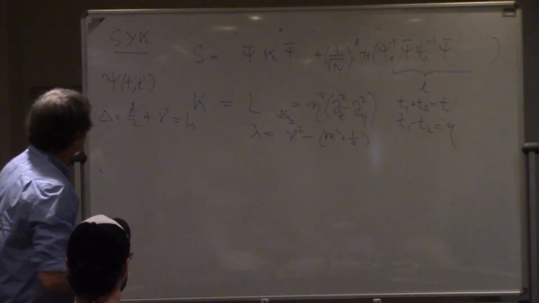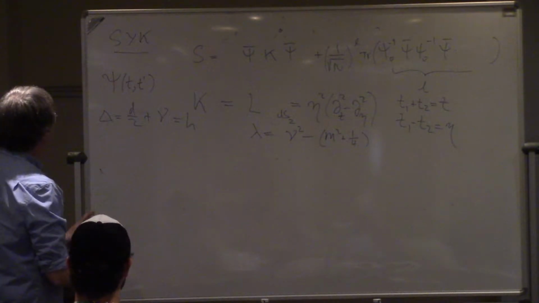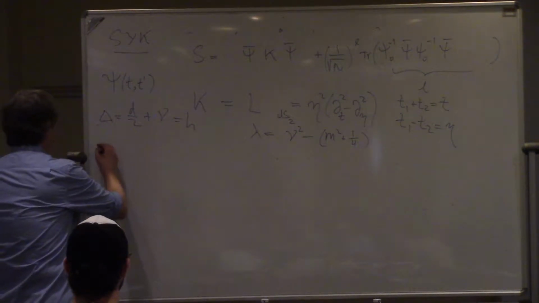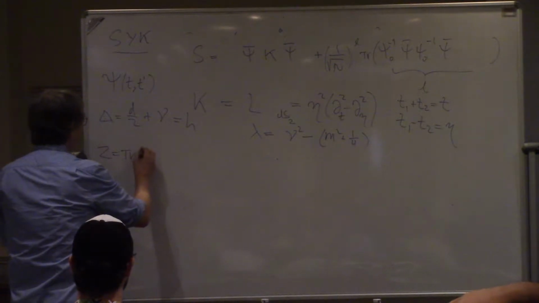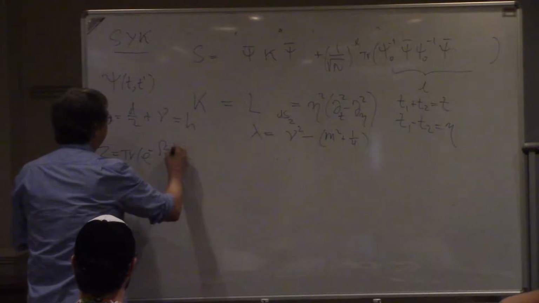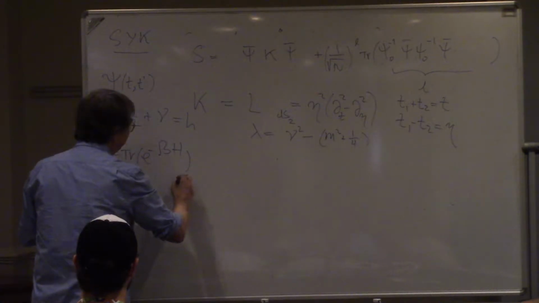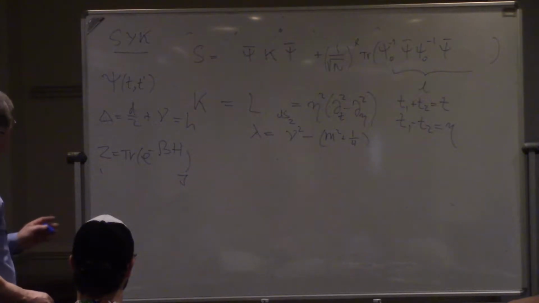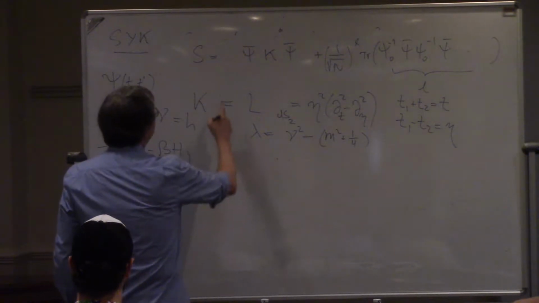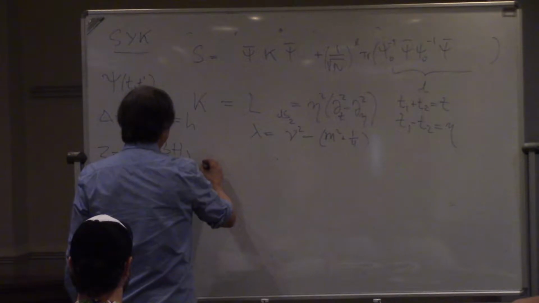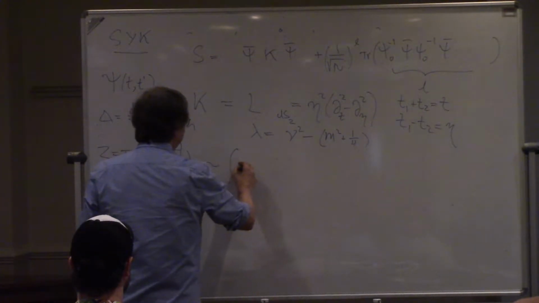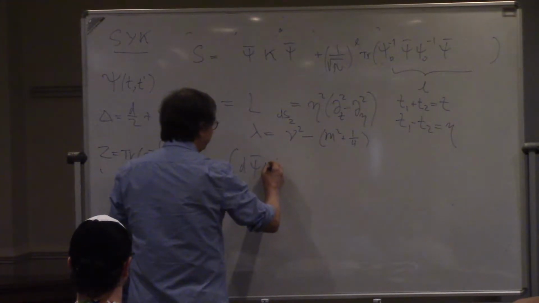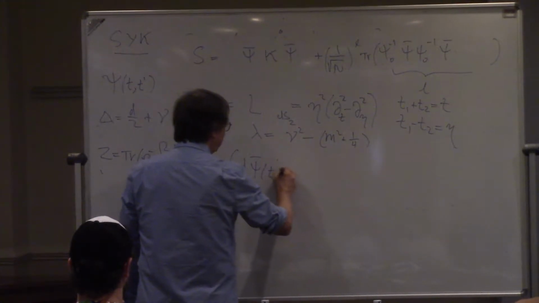The puzzle is very simple. After all, I said you are studying the Euclidean SYK, even though I call this t. But nevertheless, you're computing Z, which is the trace of e to the minus beta H of this Hamiltonian, and then we are averaging over this random coupling. That's basically the model we are studying.